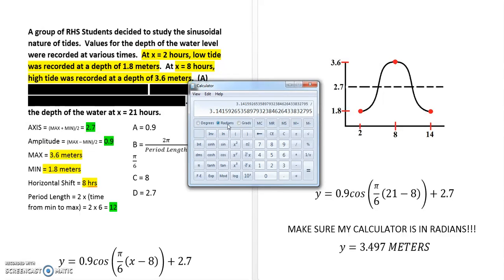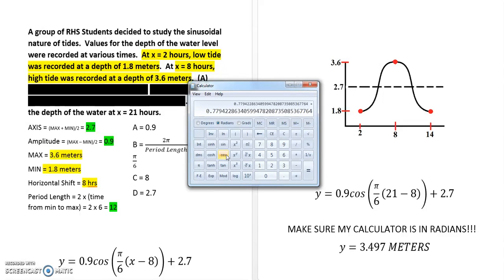So pi divided by 6 times 21 minus 8. Then we're going to take the cosine of that value times 0.9.